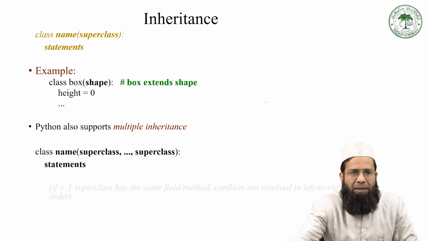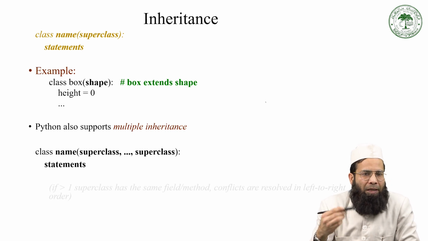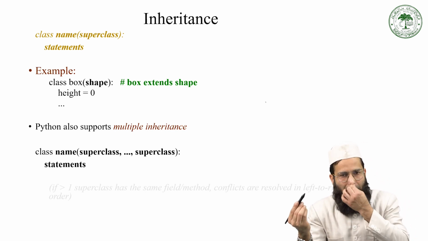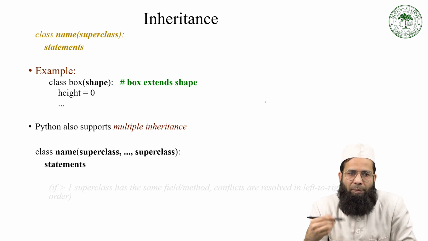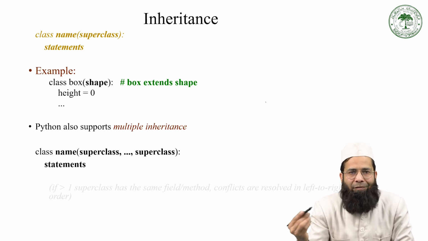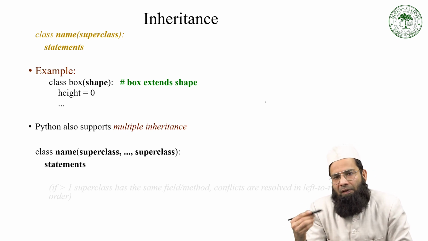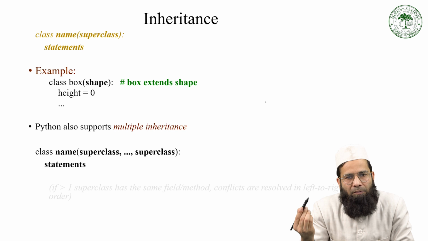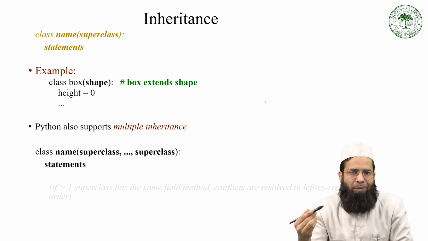Like in the last class, if you remember, we were discussing the shape class. Shape has two data members, length and width, and it has member functions area and perimeter.